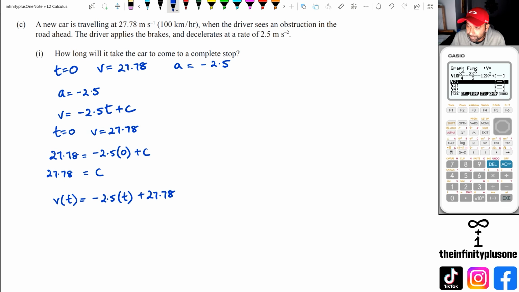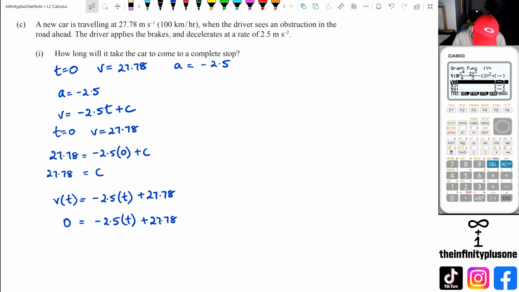Now to figure out when the velocity is equal to 0, well, we have to put v is equal to 0 and figure out what t is. So 0 is equal to negative 2.5 t plus 27.78.